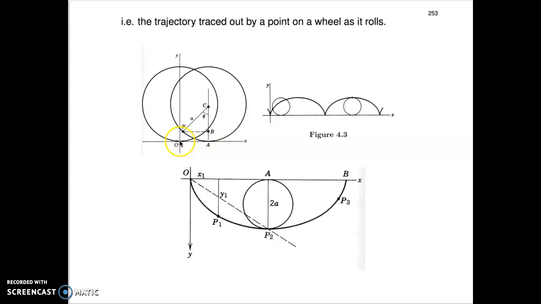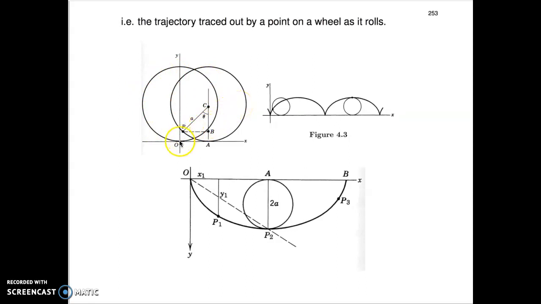Initially you consider a point on the wheel, which is right at the origin, at the bottom of the wheel. As the wheel turns, of course it moves, let's say to the right. As it moves to the right, what happens to that point on the wheel? Well, it will start to turn around the wheel, but the wheel itself is moving forward.